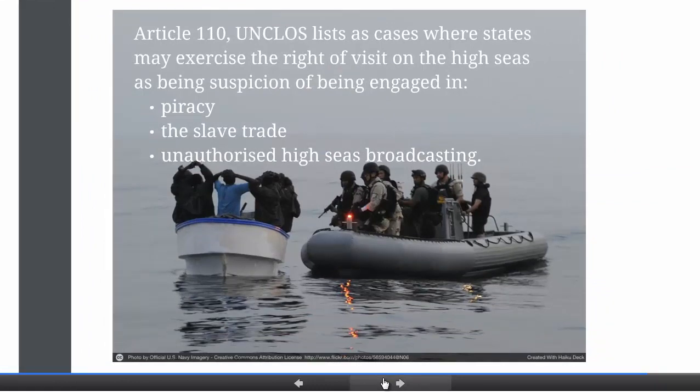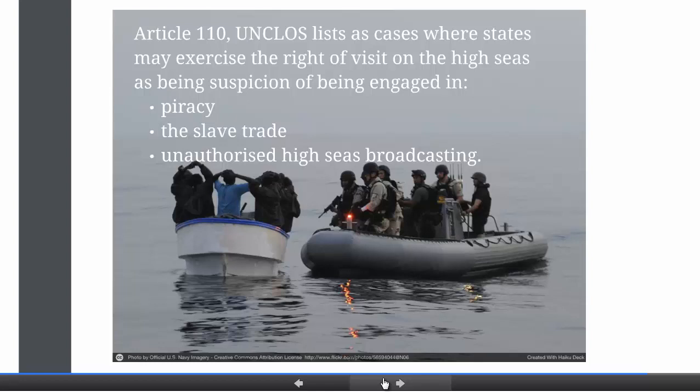So Article 110 of the UN Convention on the Law of the Sea lists cases where a state may exercise this right of visit, and it can be exercised on the high seas over foreign vessels where there is suspicion they are engaged in piracy, the slave trade, and unauthorized high seas broadcasting. And those are the core examples.